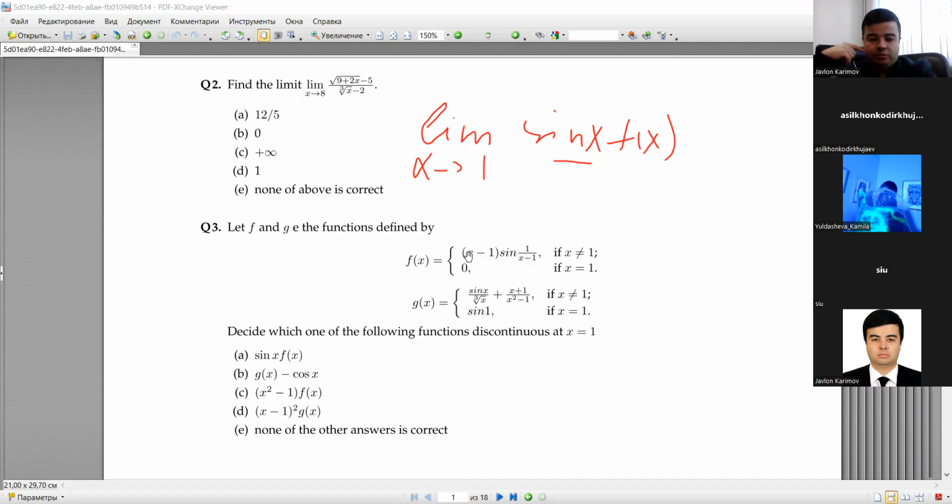G of x is given. And we have the value when x tends to 1. It is sine 1 again. Yes? But here we need to consider this part also, because we are subtracting from gx this one, cosine x here.